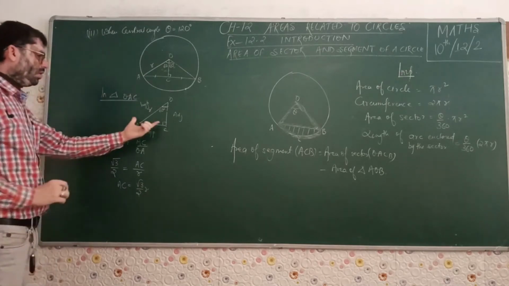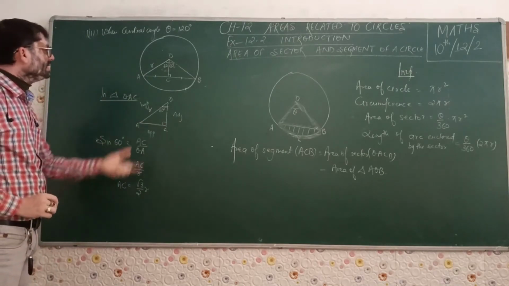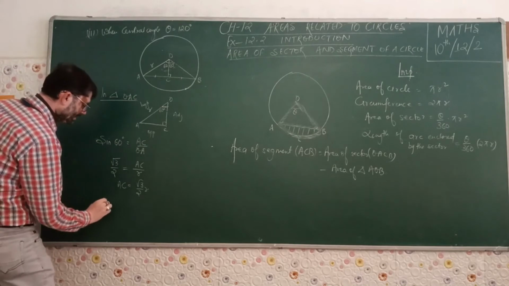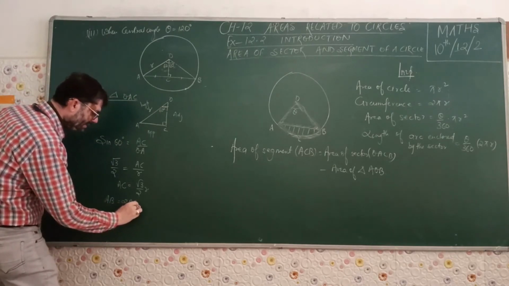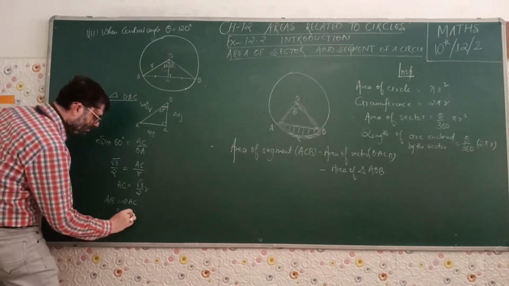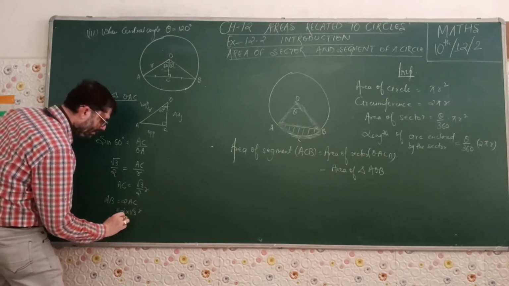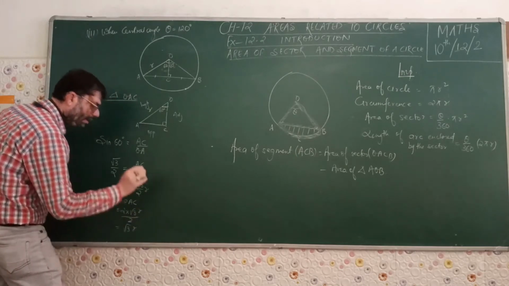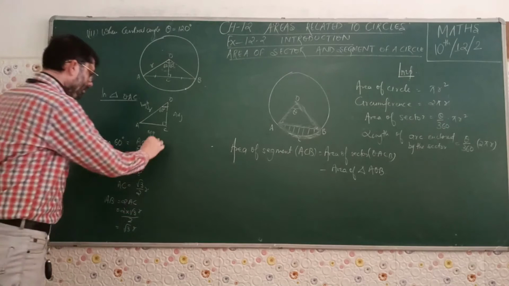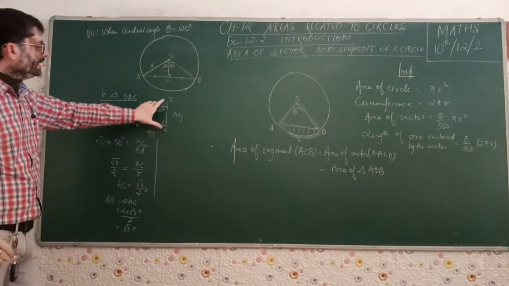This we have got. As soon as we get AC, we can get AB. That is AB is 2 times AC. So this is 2 into root 3R by 2, and this will be equal to root 3R. Then we need to find OC.